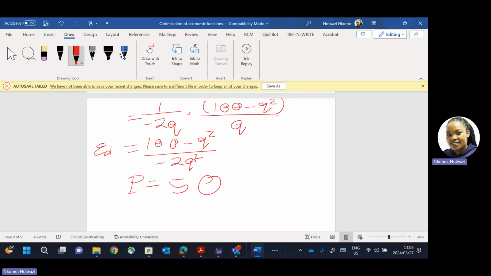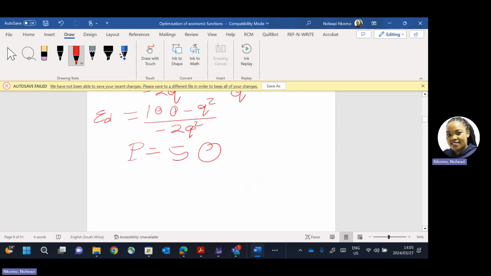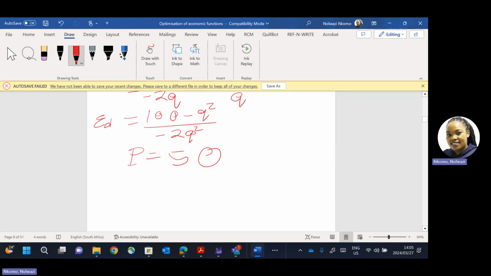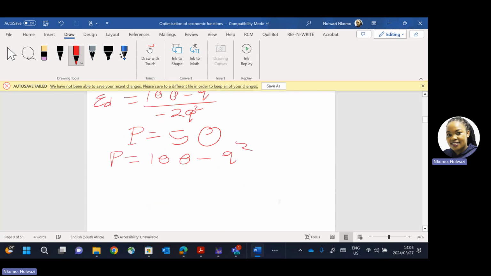What is your Q if the price equals 50? So you can just come here where there is P and substitute. You are told that P is equal to 100 minus Q squared, and this is 50. So we have 50 equals 100 minus Q squared, right?